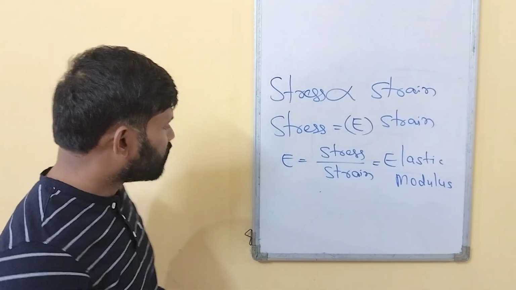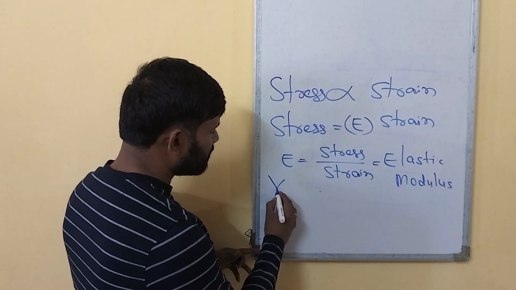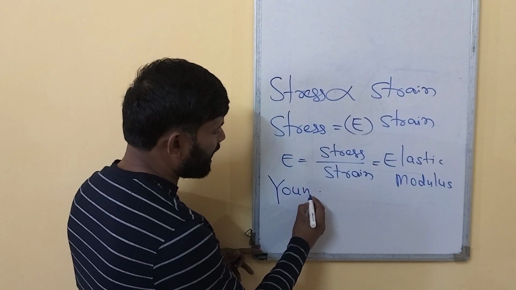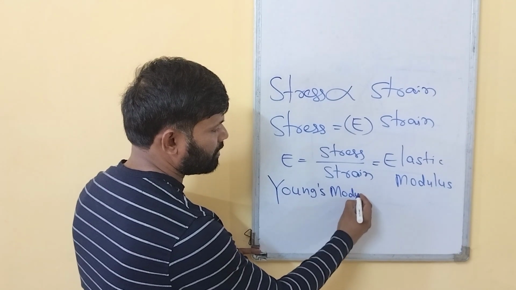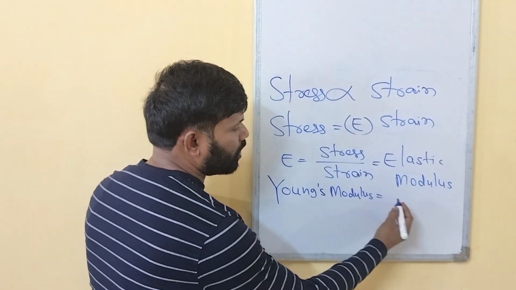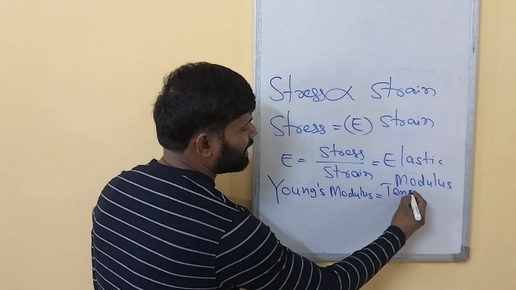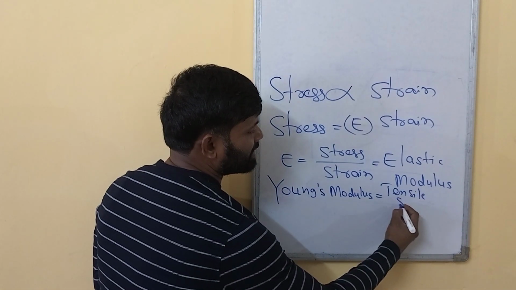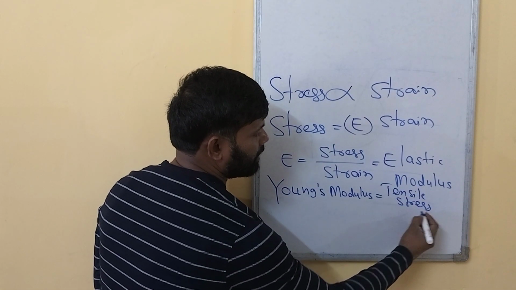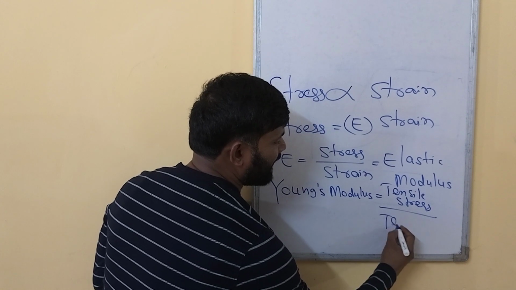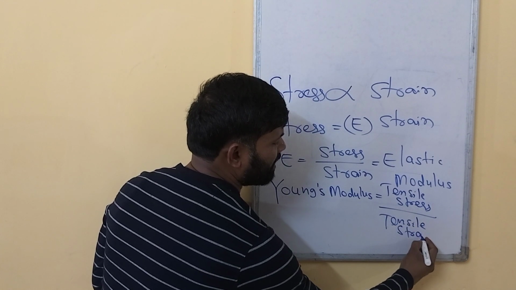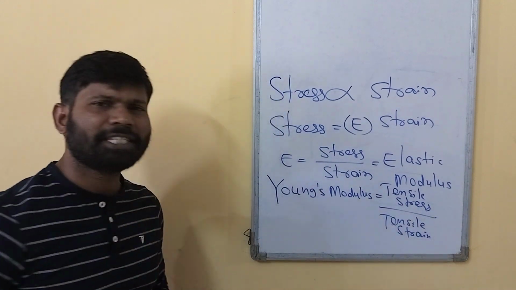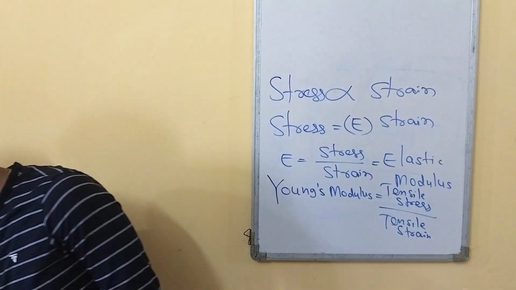First one is Young's modulus, Y-O-U-N-G-S. Young's modulus equals tensile stress divided by tensile strain. What is meant by tensile stress?